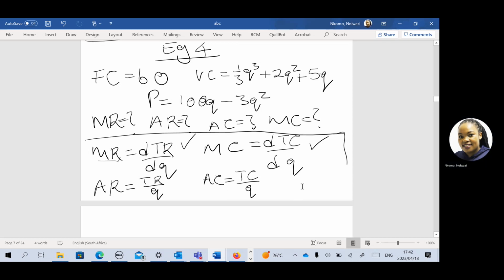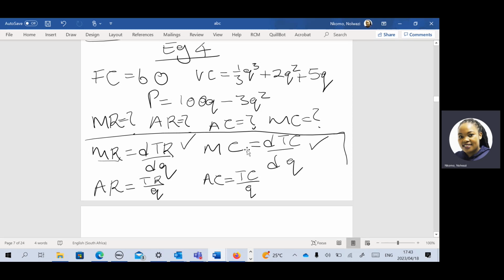Okay. You see, in all these, we need the total revenue and the total cost. To find the marginal revenue, we need to differentiate the total revenue. To find the average revenue, we need to divide the total revenue by the number of units produced or sold.